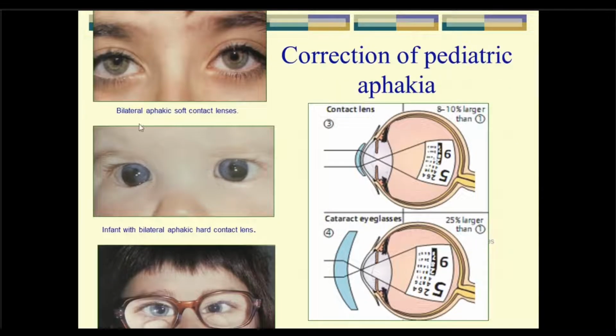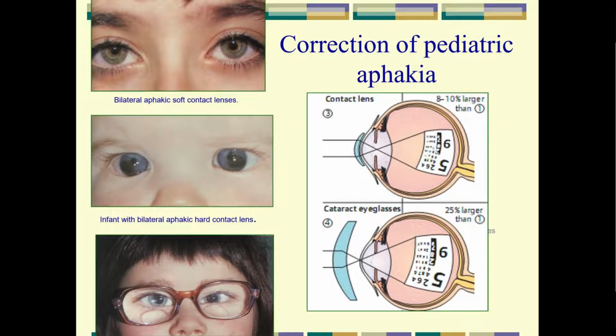On this picture, you can see the correction of aphakia. So aphakia is a condition without the lens. You can see the correction by soft contact lens, by hard contact lens and with glasses.